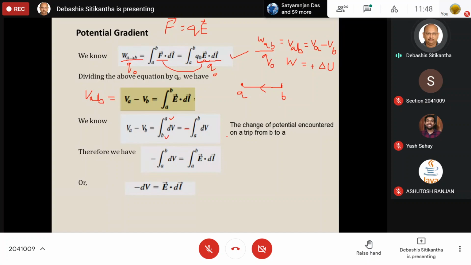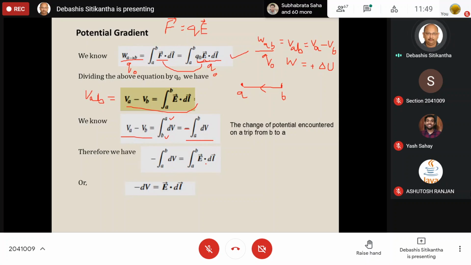Yes, anybody having any sort of doubt, please clarify right over here, otherwise you cannot understand. Is there anyone who has not understood this step? Okay, fine. So ultimately we can say that minus dV integrated from A to B is equal to this one, because this one is equal to minus dV.